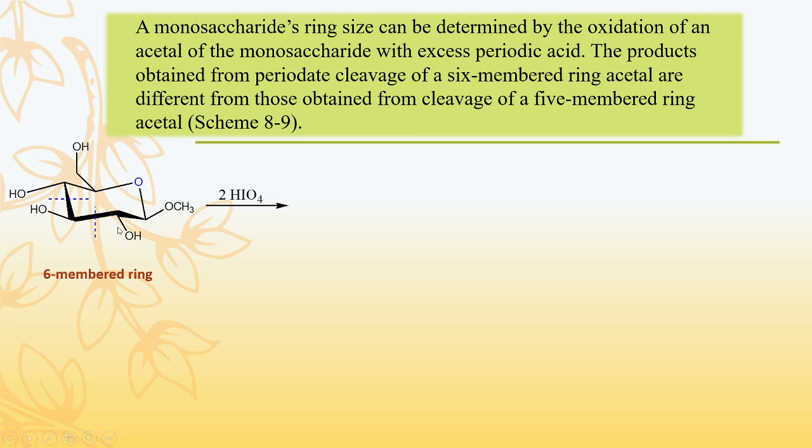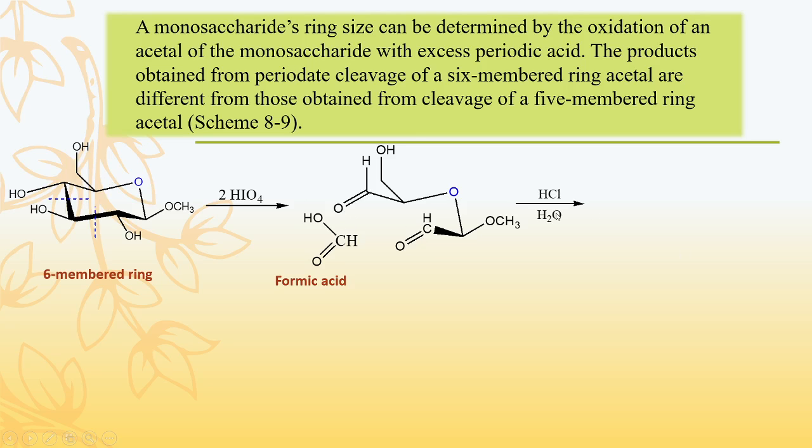From here we got one aldehyde, and on this carbon atom we got another aldehyde, and from this moiety we got formic acid. So the product is like this: the formic acid comes from this, and the remaining moiety can be written like this, with this carbon converted to an aldehyde and this converted to another aldehyde, and after hydrolysis we got D-glyceraldehyde as a product.